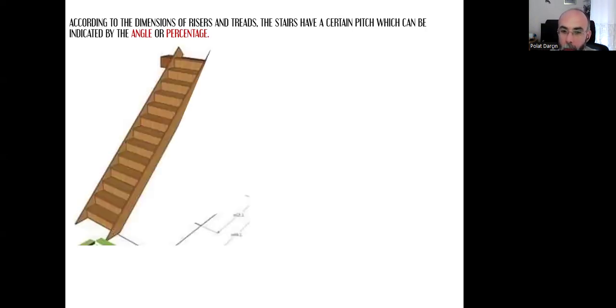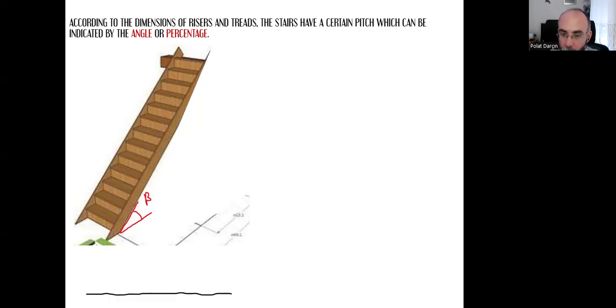Here we have a staircase, and this angle between the horizontal floor surface and the inclined lower surface of the stairs, let's say it's beta, we can indicate the slope or pitch of the stairs with this angle, or we can use percentage.